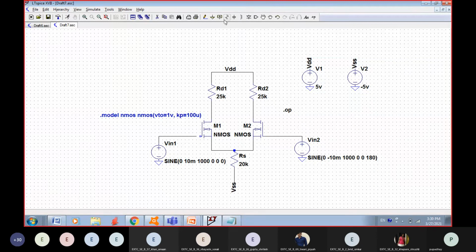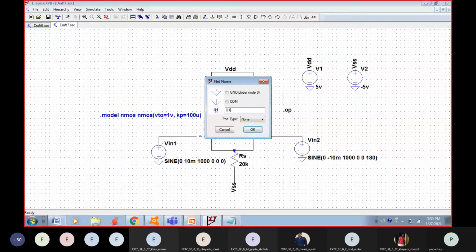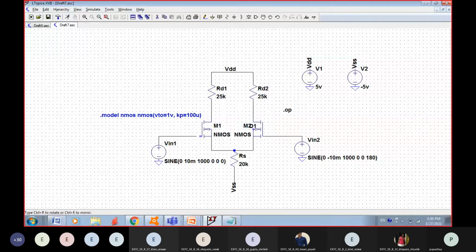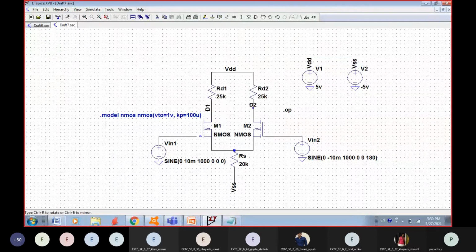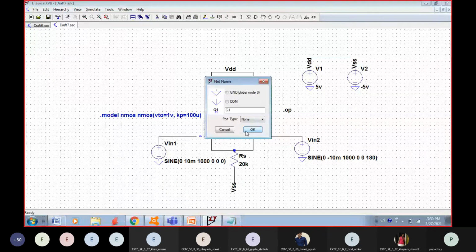If you remember, giving the name to the nodes is necessary. Otherwise, you have to find out which node belongs to what, what is the name of this node or what is the number of this node. So that is very cumbersome. Finding the number of the node is a little bit dangerous.